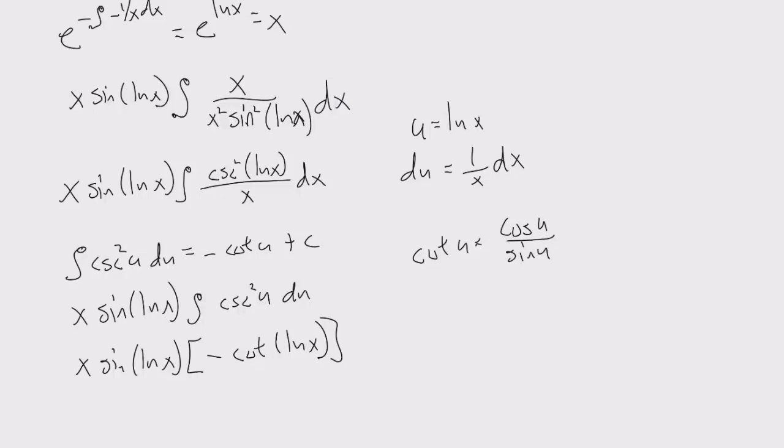And since I'm multiplying by sine, and I'm sine times cotangent, that's going to leave me with a cosine up top. So that will simplify down to negative x cosine of ln of x.